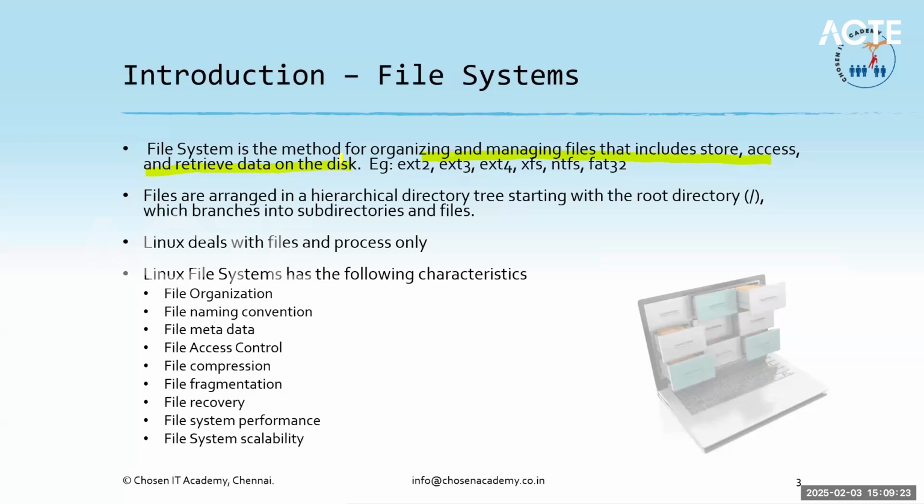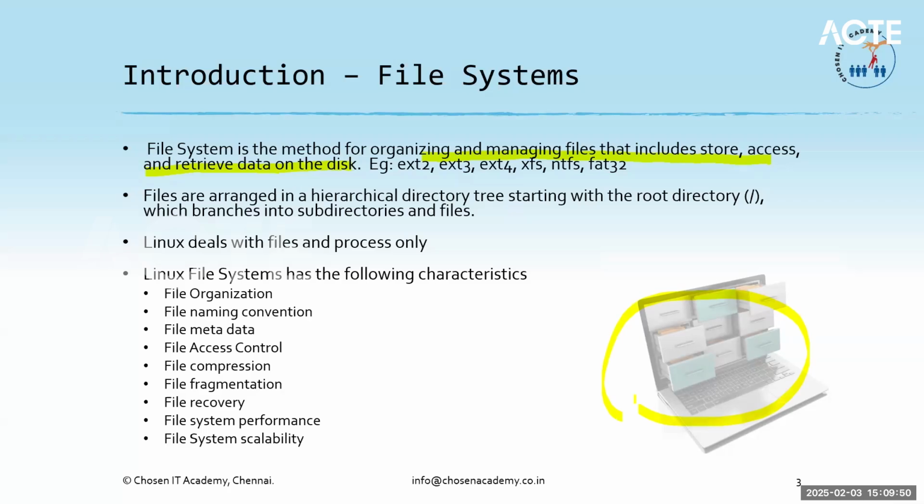To explain a little more, I have a small diagram here. I thought it is actually giving a good idea. In real day-to-day life, we have different shelves to accommodate different files and folders, and we keep a name over it so that we can easily retrieve it. This is what we do in our day-to-day life.